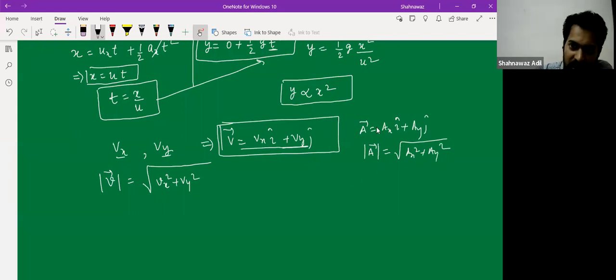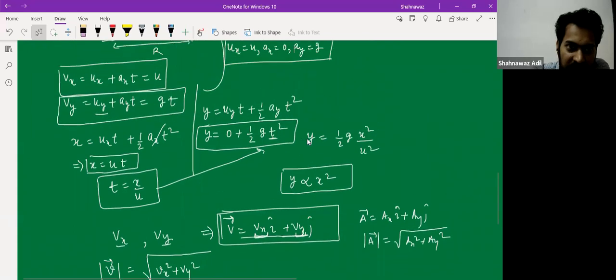Yes, sir. So in projectile motion, when they ask about the final velocity at some point t, you only have to calculate the x component and the y component of the final velocity using the kinematics equations.